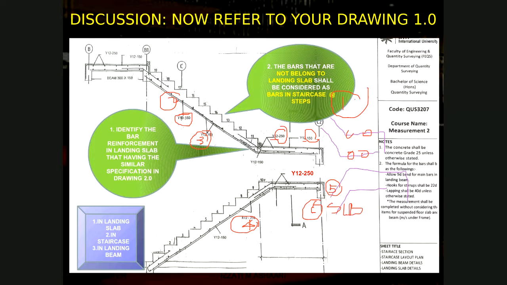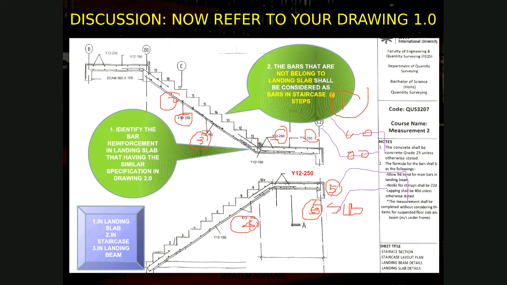So in this scenario, you have about 6 items to be measured for reinforcement inside the staircase. But if you ask me whether this can be the same number of items for all designs, the answer is no, because you have to check whether the design has similar category or not.